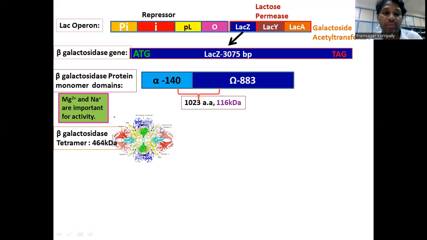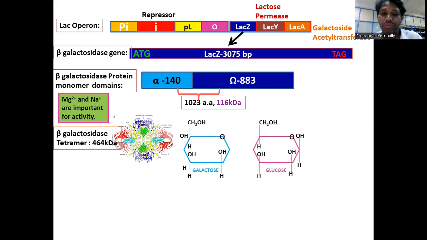As I told you, the tetrameric beta galactosidase is functionally active and acts on lactose, which is a disaccharide, right? Here you see lactose has galactose and glucose, and these two moieties are connected by a glycosidic bond, a beta 1,4 glycosidic bond.